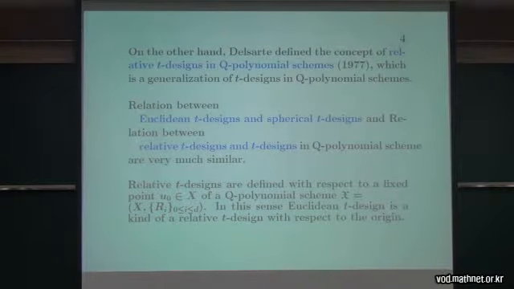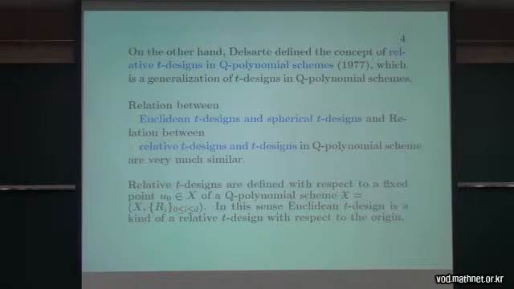On the other hand, Delsarte started to define the concept of relative designs in Q-polynomial schemes. His definition was in a paper published in 1977, and it is called the generalization of t-designs in Q-polynomial schemes.